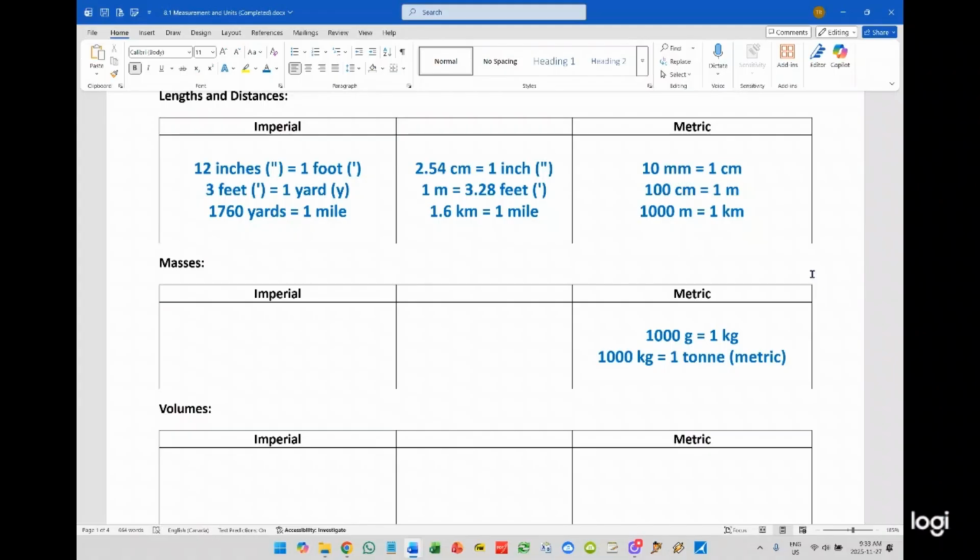Now, some people may say, I'm sure I've seen the word ton before, and it was just spelled T-O-N, and you're probably absolutely correct. It turns out that for whatever reason, we didn't give it a different name, but we have a metric ton and an imperial ton. A metric ton is 1,000 kilograms, an imperial ton is 2,000 pounds.